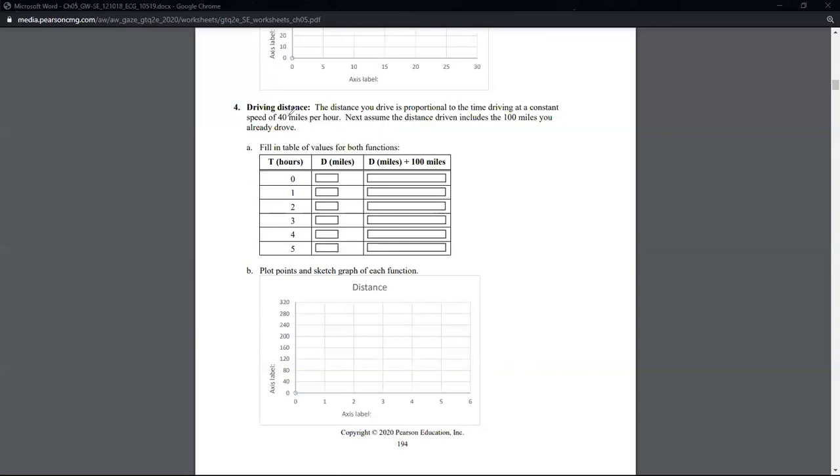But let's say when you were on your drive in the desert, assume that you already drove 100 miles before you started keeping track of everything. So let's say you filled up your gas tank at a gas station. You start driving 100 miles into the desert and you realize, oh shoot, I forgot to reset my trip meter, the thing that keeps track of how many miles you've got on your tank of gas currently.